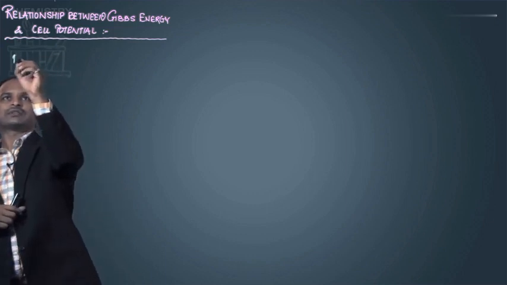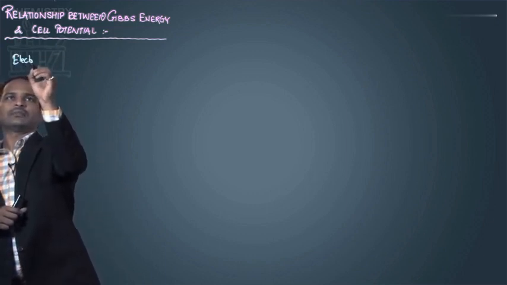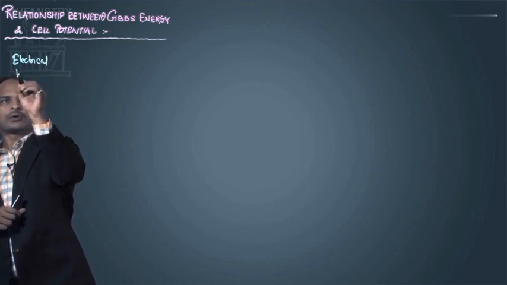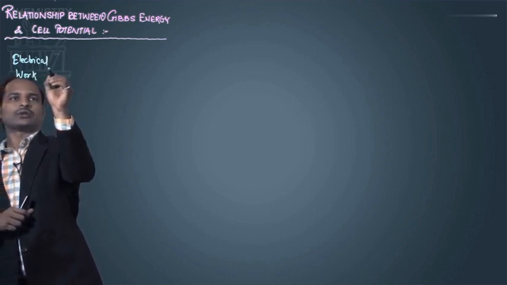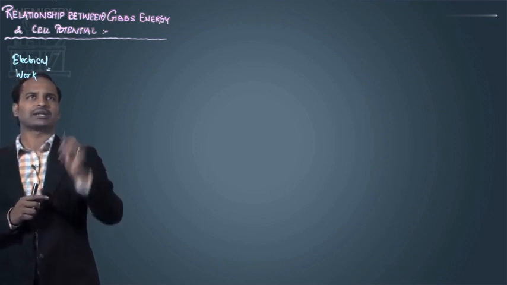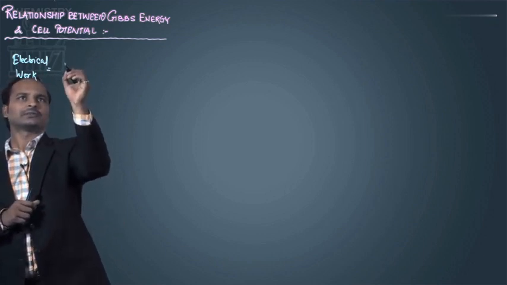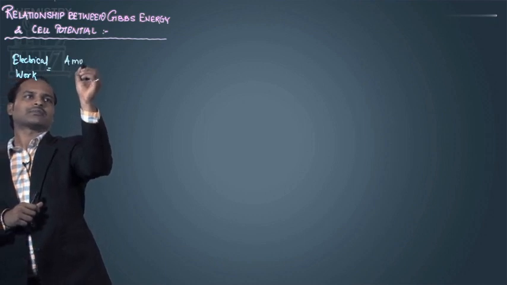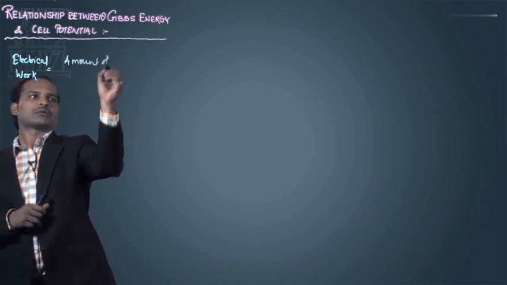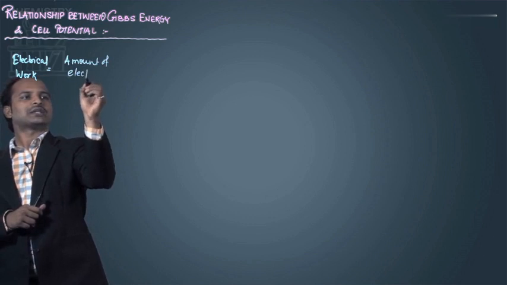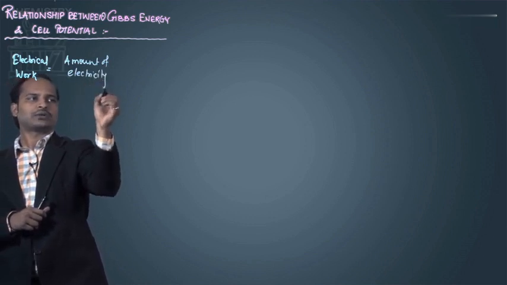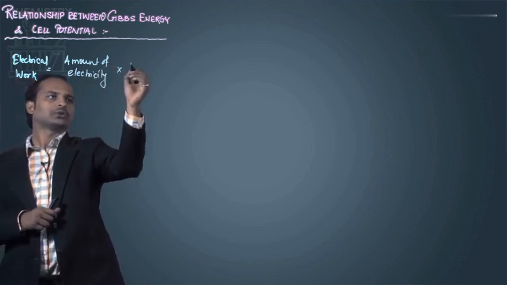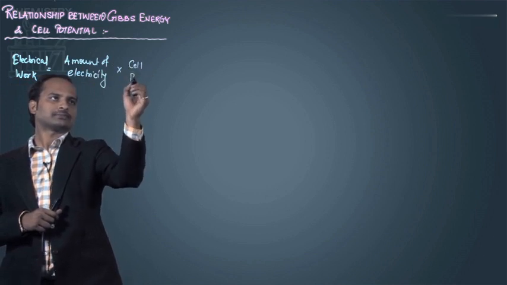That is, the electrical work done in a galvanic cell is the product of the amount of electricity, the charge passed through the cell, and the cell potential.